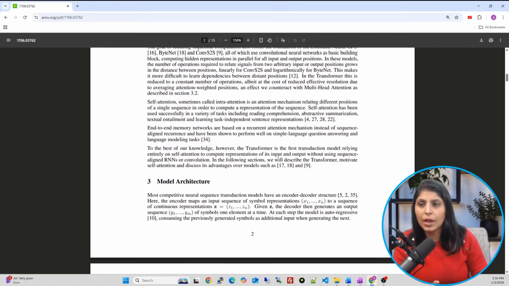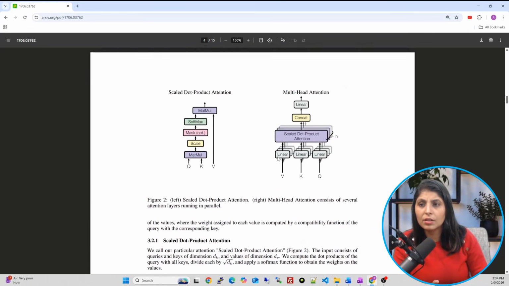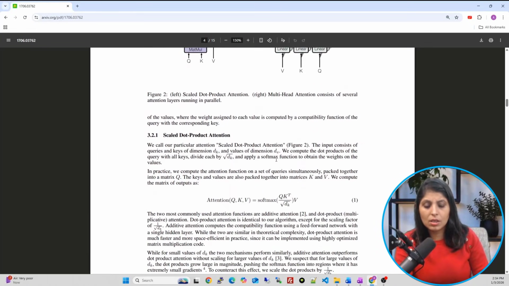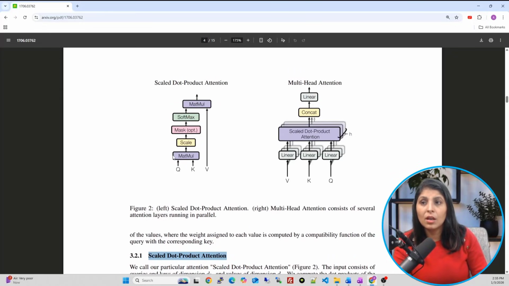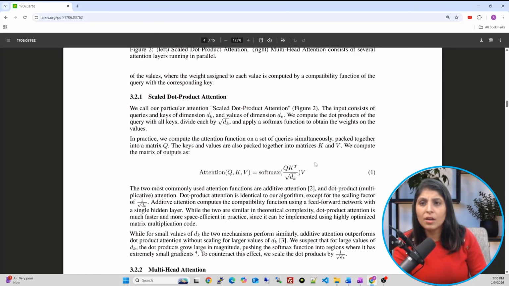Scroll down and we will go to the section where they are discussing this scaled dot product. See, this is the scaled dot product attention, and this is the part which we are discussing, and this is the image related to it. By the end of this video you will understand what this formula is, how this formula is getting used, and how we are calculating the attention scores.